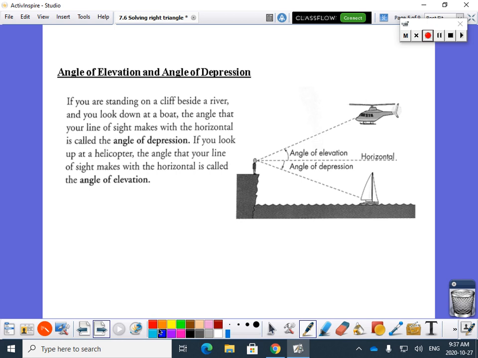So, just to get a better visual of that. If we have a person looking up to a helicopter, that is going to make an angle of elevation. If we have a person looking down to the boat, that is going to be an angle of depression.